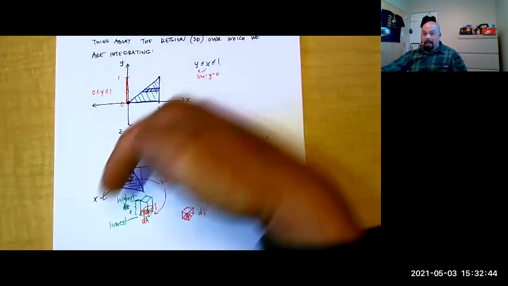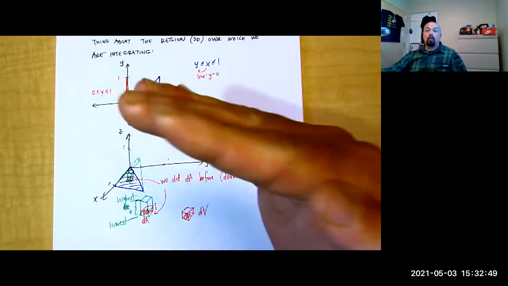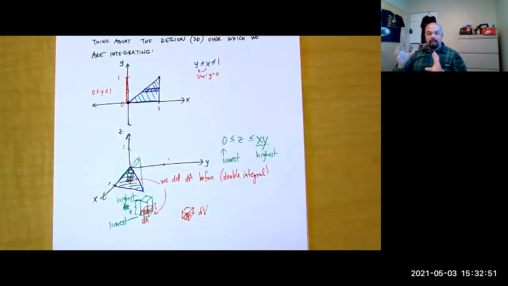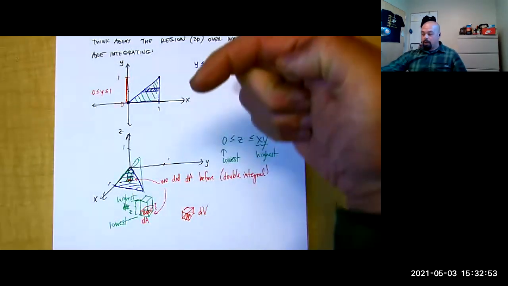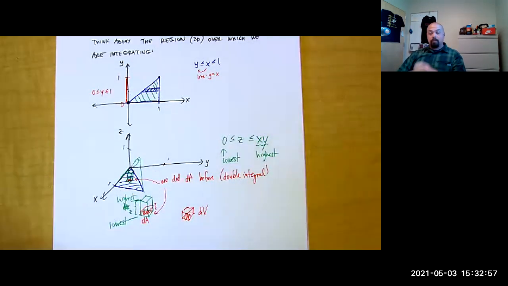Or coming out towards these columns, going from the y, z plane for your base, and then coming out in the x direction for the heights, for the length part.